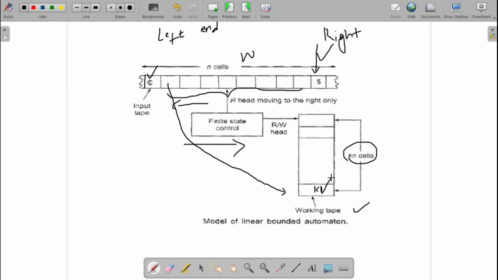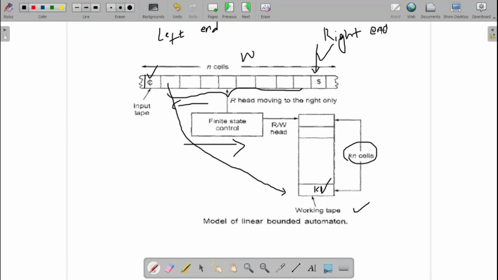The main restrictions in the linear bounded automaton include the special characters, the left end marker and the dollar, which mark the left end and the right end of the tape. Along with that, there is a limitation on the input tape's read-write head. The head can't move towards the left side. It should always move towards the right side.